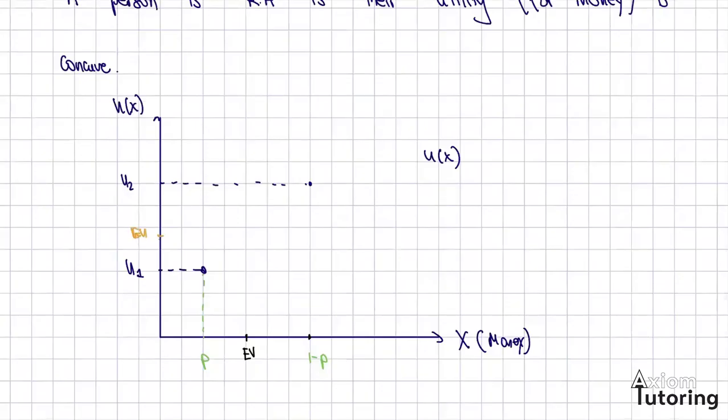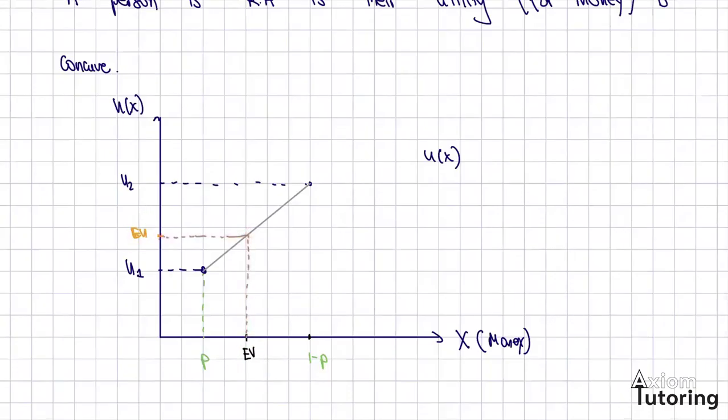If you've done the maths correctly, what must also be true is that if you connect a line between these two points, the coordinates of the expected utility and the expected value should lie on the same line. I probably haven't done this precisely, but it's close enough. You can see that this lines up and it's on this line.